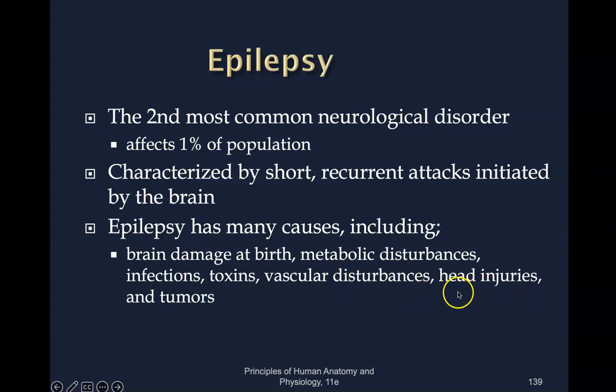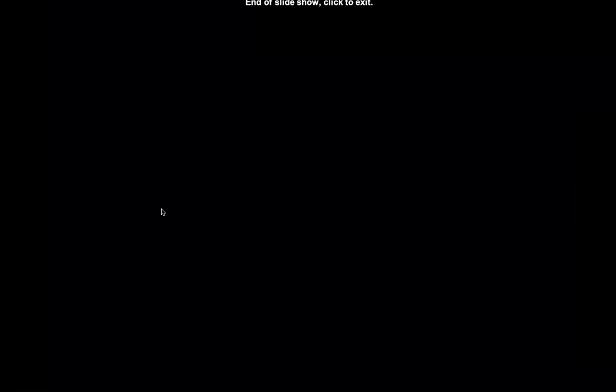A close friend of ours had a major head injury and has suffered from epilepsy ever since. And obviously brain tumors can also trigger this. Epilepsy ends up being this kind of chaotic firing of neurons that causes the characteristic epileptic seizures that you see.